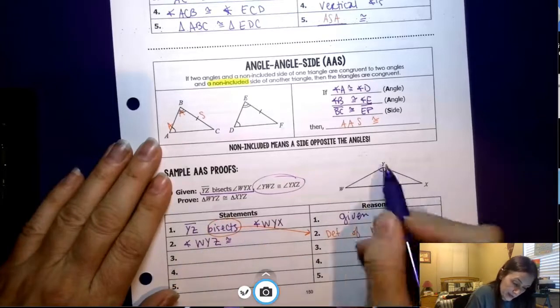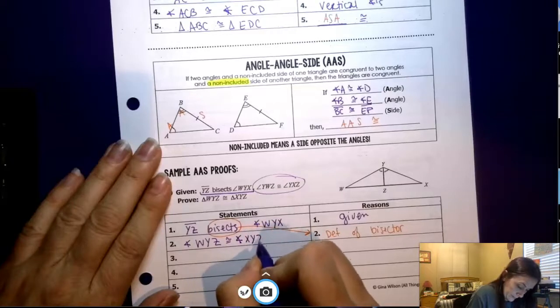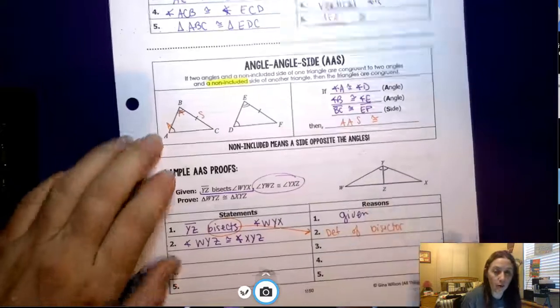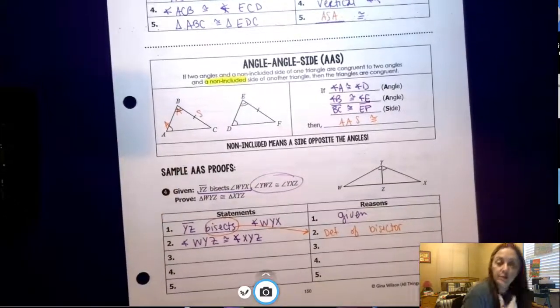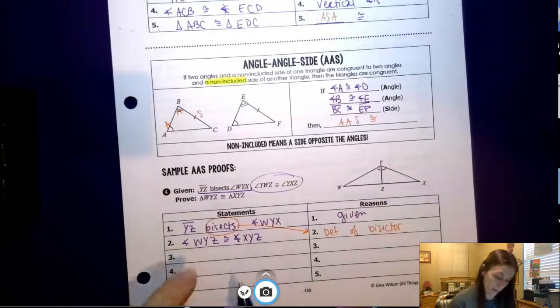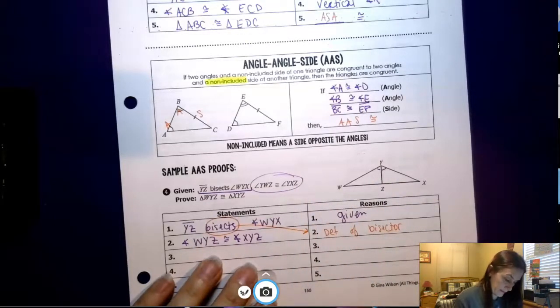It could be XYZ. Or it could be the angle XYW, the whole thing. You don't really know if you just named it by Y. So because you want to be specific, you have to name 3 letters. So I know because it bisects that angle, cut those in half, that's my definition of a bisector.